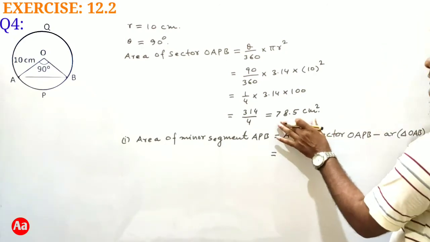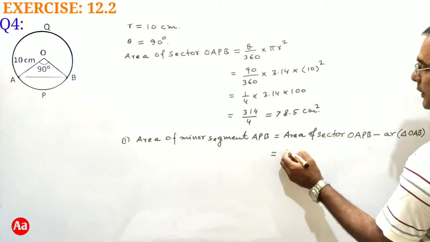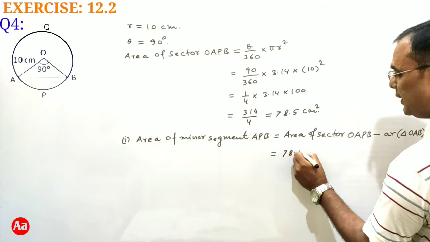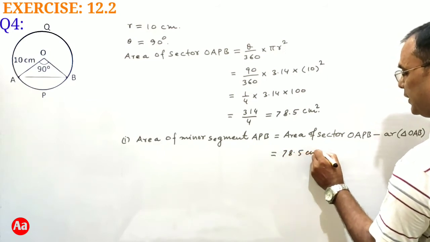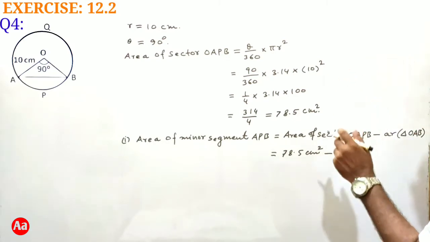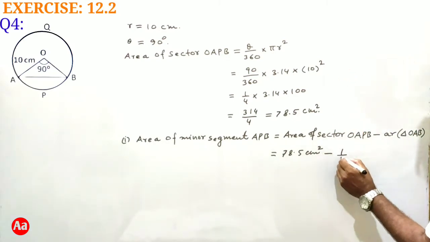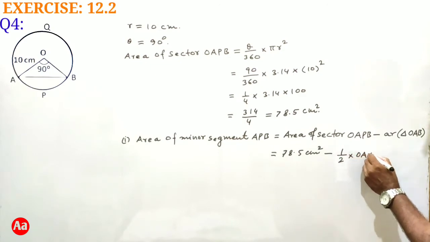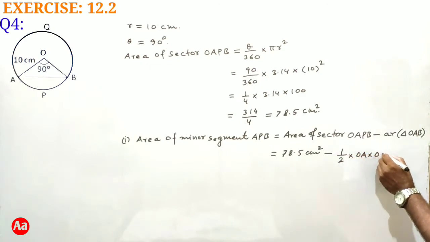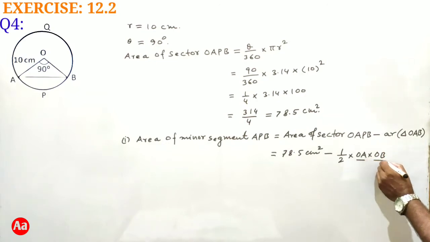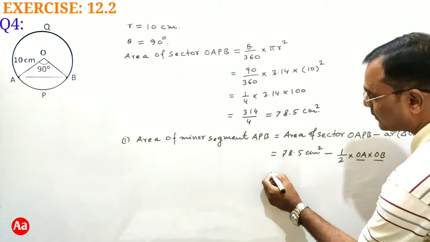Area of sector OAPB we have already calculated, 78.5 centimeter square, minus area of OAB, for which we are going to use half into base into altitude. So OA we are taking as base and OB as altitude.